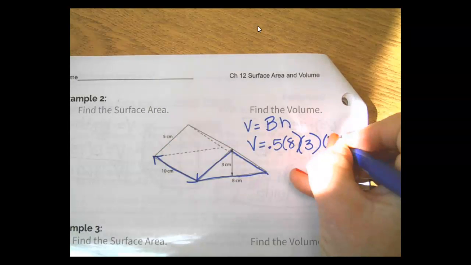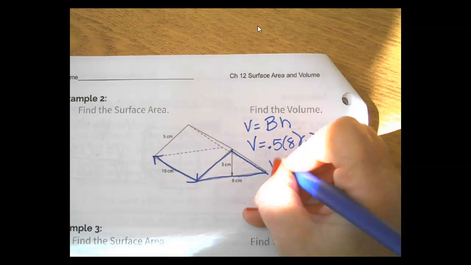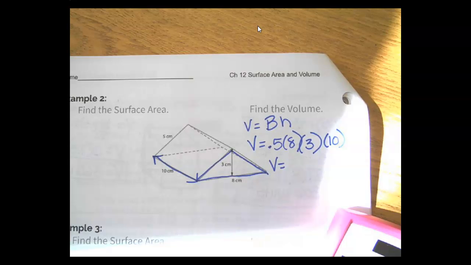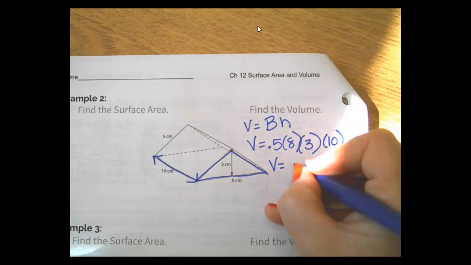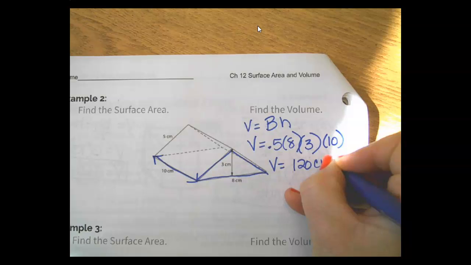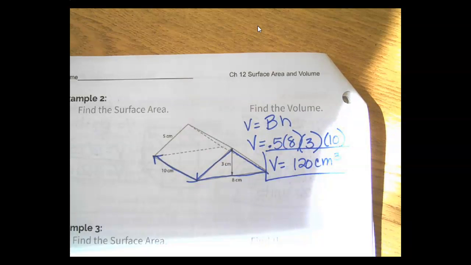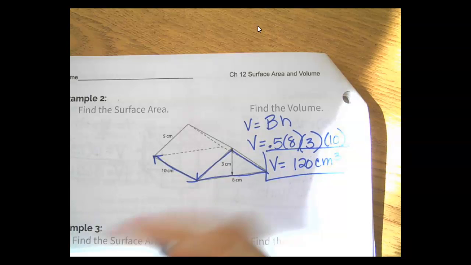So that's 10. Volume is so much easier. Punch that into your calculator and you should get 120 centimeters cubed. Literally, how many cubed centimeters fit inside here? It's kind of nice. You figure that out pretty quickly.